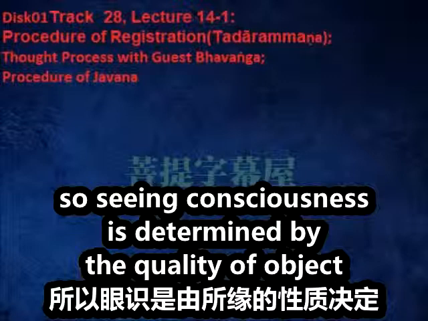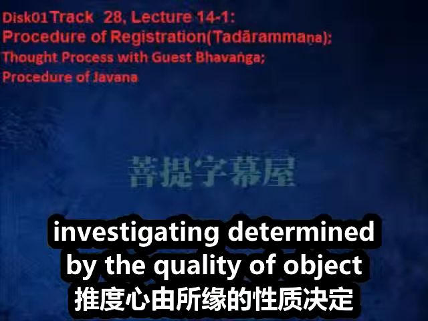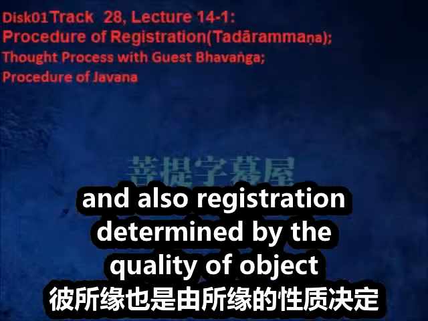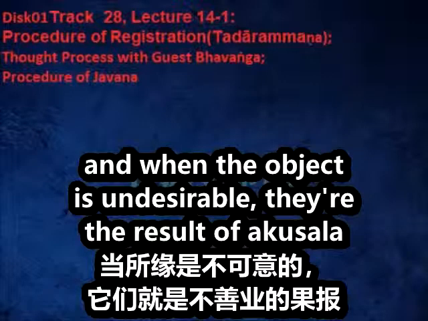So seeing consciousness is determined by the quality of object, receiving is determined by the quality of object, investigating is determined by the quality of object, and also registration is determined by the quality of object. When the object is desirable, they are the result of kusala, and when the object is undesirable, they are the result of akusala.